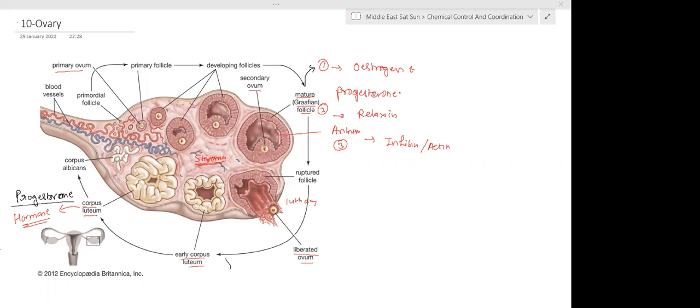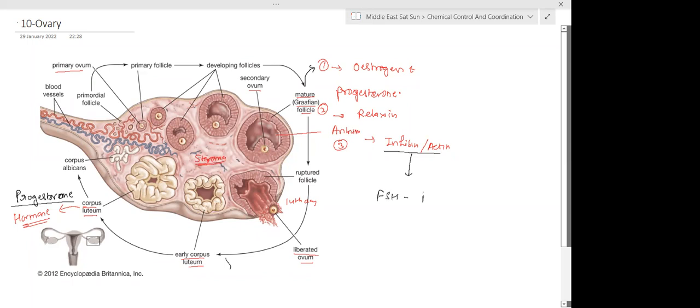Next, inhibin or activin. Inhibin inhibits and activin activates the secretion of FSH.